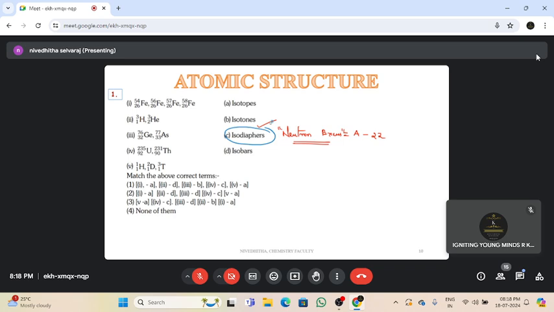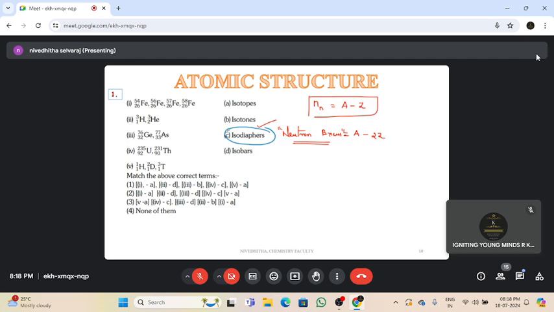Okay. How do we calculate the number of neutrons? Basically, I'm asking what is the formula to calculate the number of neutrons? Mass number minus atomic number. Very good. That's it. Please match the following and let me know the answer. You need not find it for all 5 species.